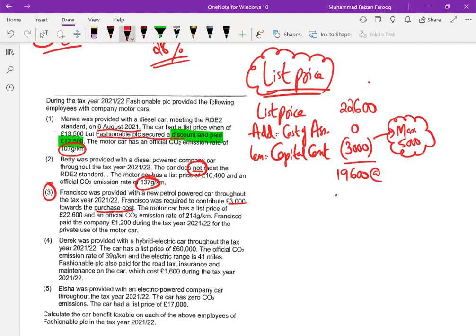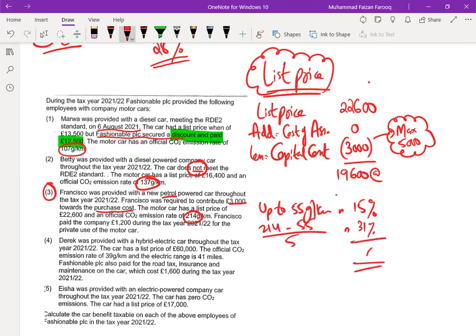Now the rate. How to calculate the rate? Up to 55 grams per kilometer, 15%, right or wrong? Right. This is which car? Petrol car? Yes. What will be the answer? 31%. And total is 46%.